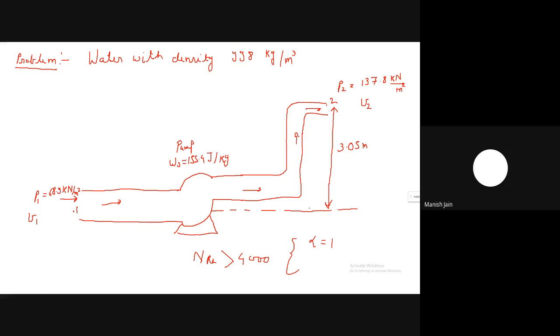The height is given, Z1 minus Z2 equal to 3.05 meter. Suppose this is your baseline, so you can assume Z1 equal to 0, so Z2 equal to 3.05 meter.